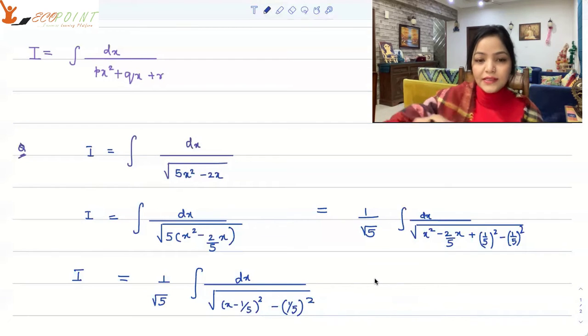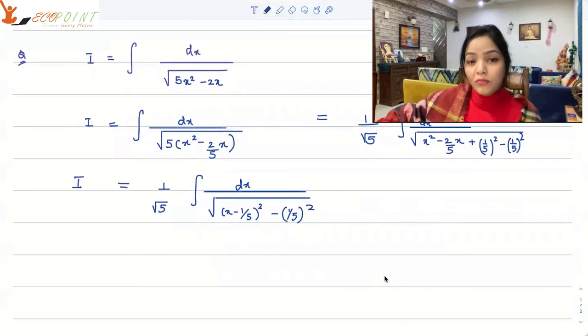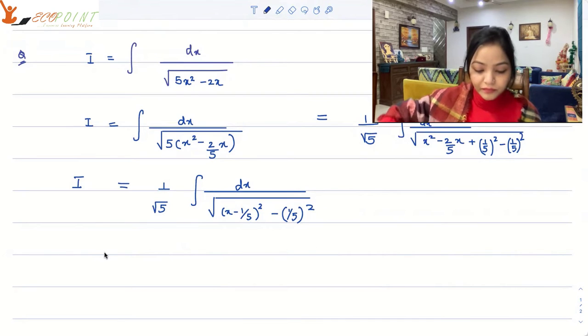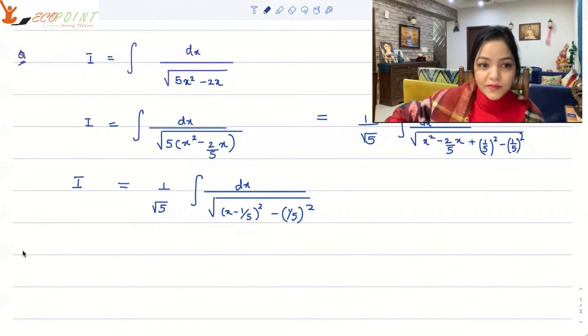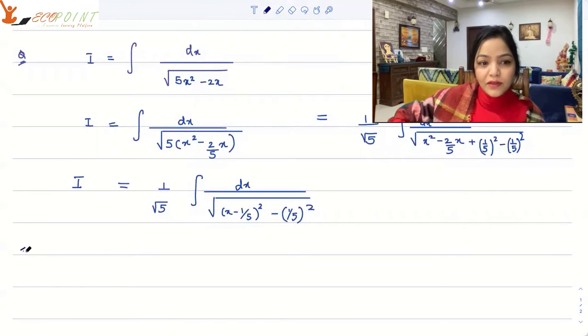So this essentially works like the form integral of dx upon square root of x square minus a square. So what we can do is take x minus 1 by 5 as t, and dx becomes dt.